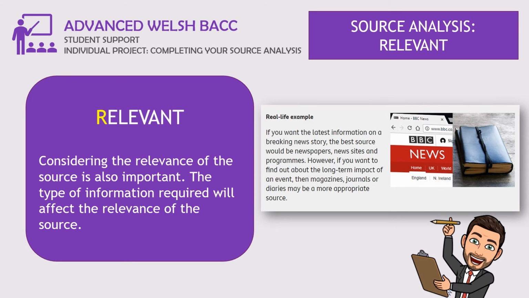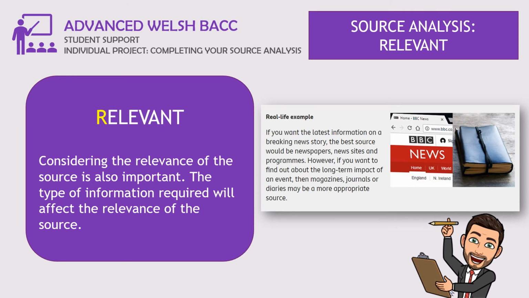Okay, so relevant is basically identifying whether the source is relevant to the information that you're collecting. So when you're talking about news articles or breaking news, let's say, you would expect to find those sources on BBC websites or BBC News. So you've got to make sure that the information you've collected has come from a relevant source.